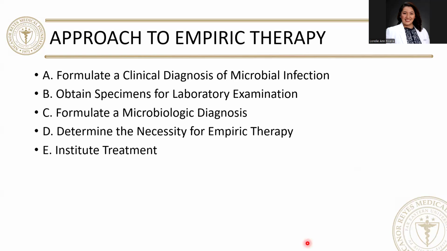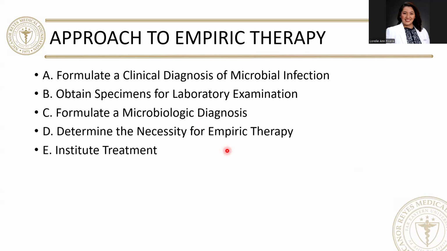Just like in the scenario, if you have a patient who came in with difficulty of breathing, you have to make a clinical diagnosis that this is a possible pneumonia, for example. And then you have to obtain the specimen. For example, you take a sputum gram stain and culture and even blood culture for laboratory examination. Then you need to formulate a microbiologic diagnosis. In our case, Streptococcus pneumoniae, because that is the most common for pneumonia, and determine the necessity for empiric treatment.